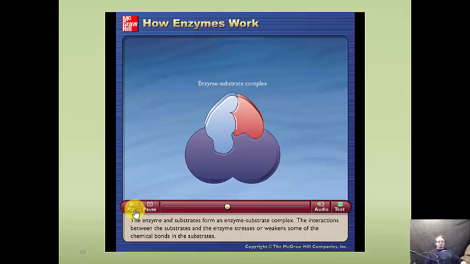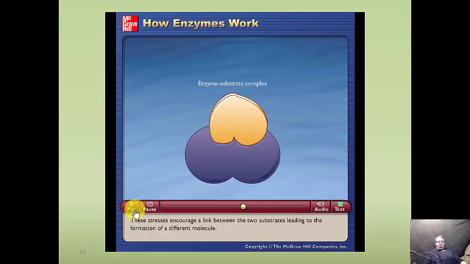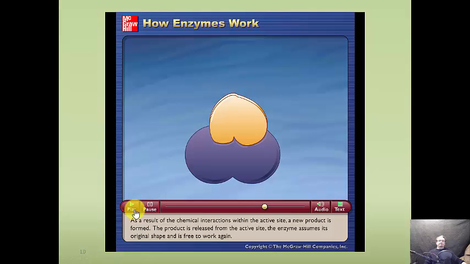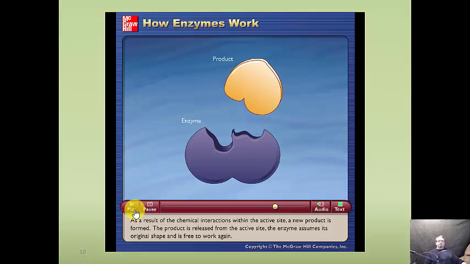The interactions between the substrates and the enzyme stresses or weakens some of the chemical bonds in the substrates. These stresses encourage a link between the two substrates, leading to the formation of a different molecule. As a result of the chemical interactions within the active site, a new product is formed. The product is released from the active site. The enzyme assumes its original shape and is free to work again. Although this reaction has specifically illustrated the formation of a single product from two substrate molecules, other enzymes catalyze the formation of two products from a single substrate.